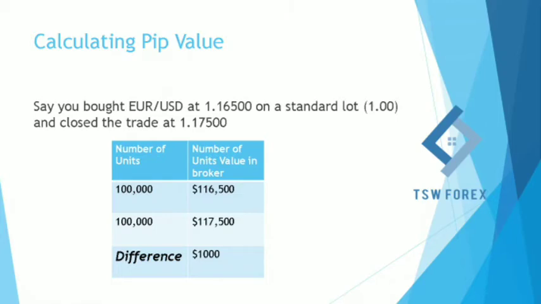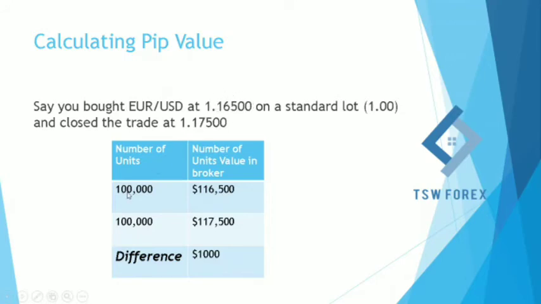Of course, a standard lot is 1.00 on the platform, but we know that it's 100,000 units, and you close the trade at 1.17500. That is saying that you bought 100,000 units of your USD at a price of, remember the current price that they have. So 1.16500 is the price that you bought at.